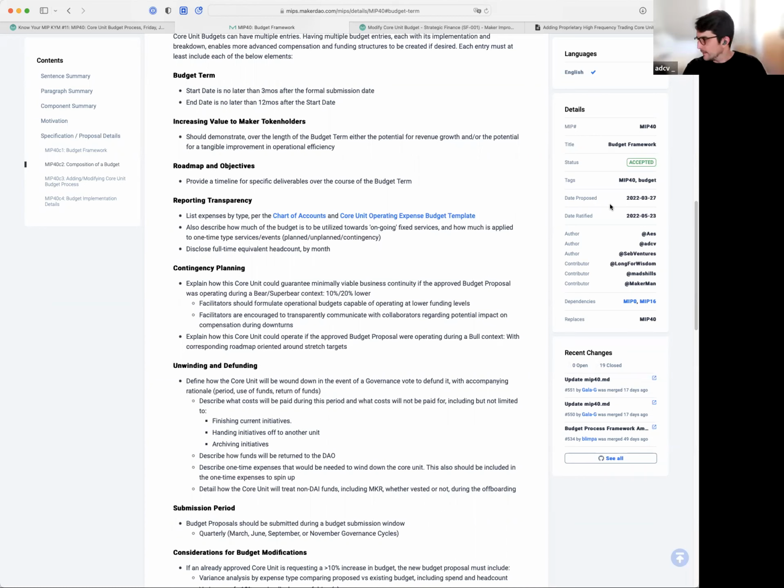No, for sure. And especially with these sort of second order value core units, events is a great example because it's one that clearly does increase the potential for revenue growth, but it just doesn't do it in a directly measurable way, as might a core unit that's dedicated purely to driving revenue growth.